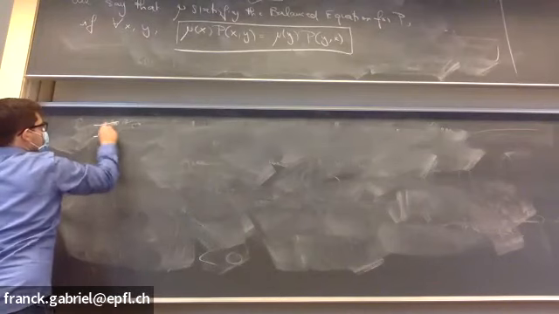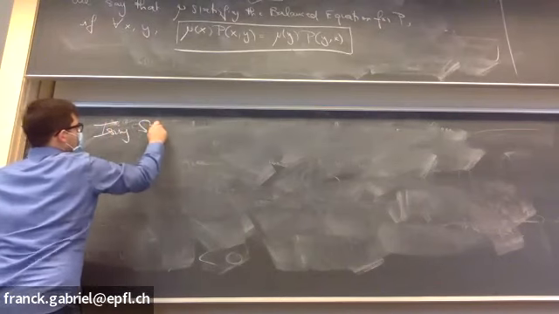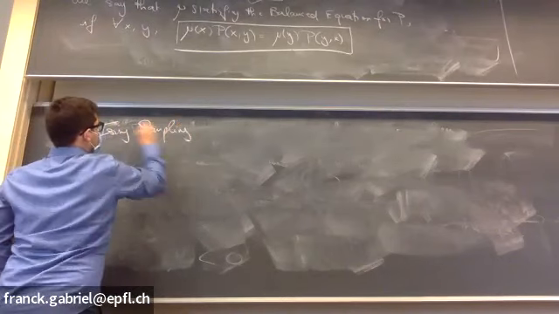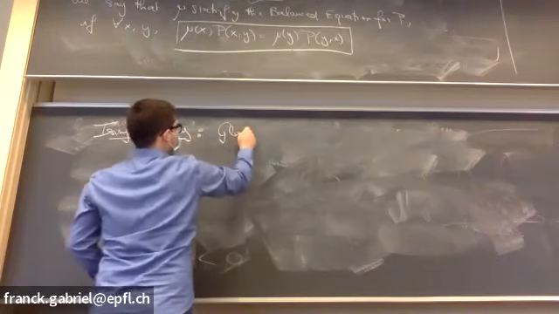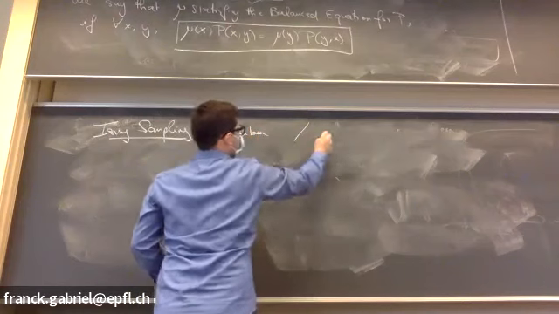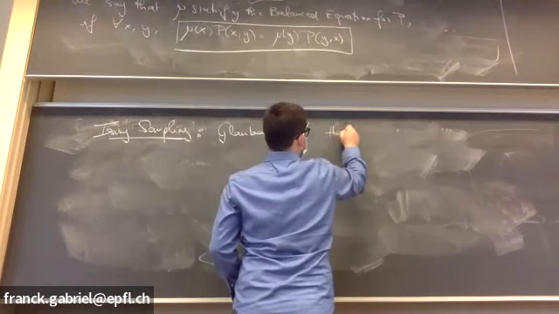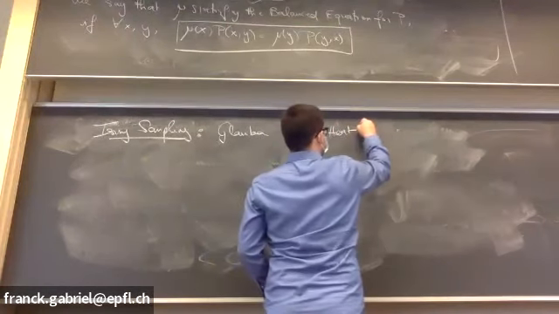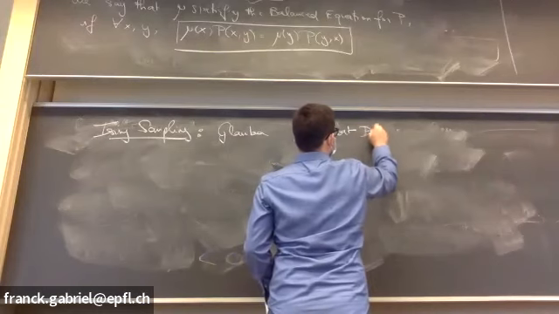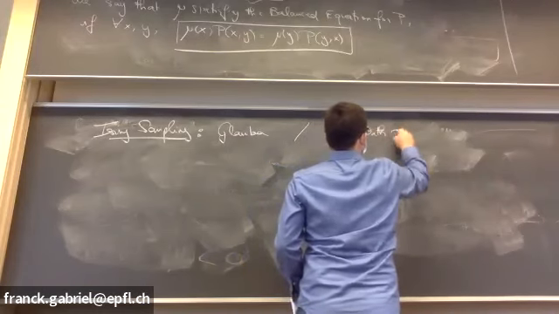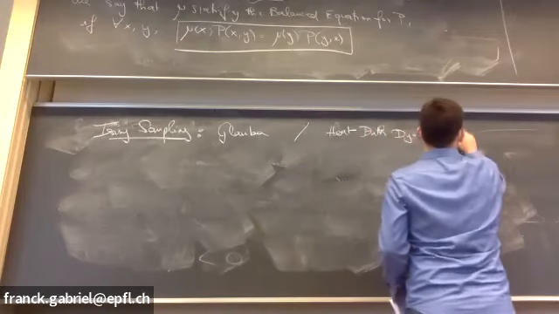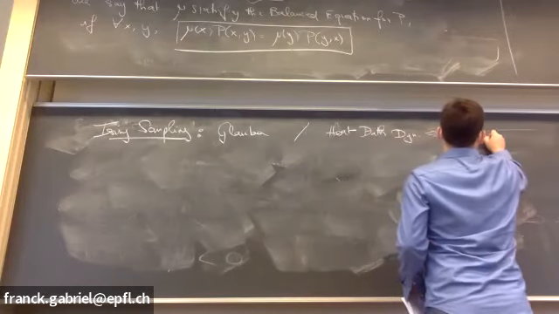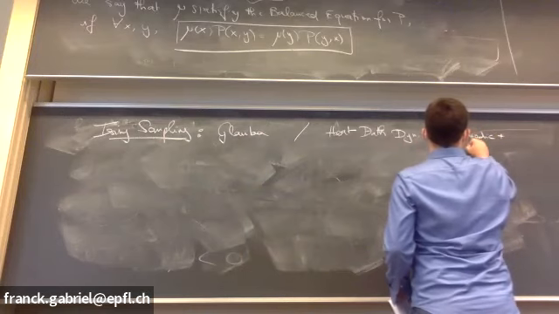Let's come back to the Ising. So we need to check that for the Glauber and for the heat bath dynamics, you want to check that it's aperiodic plus irreducible.